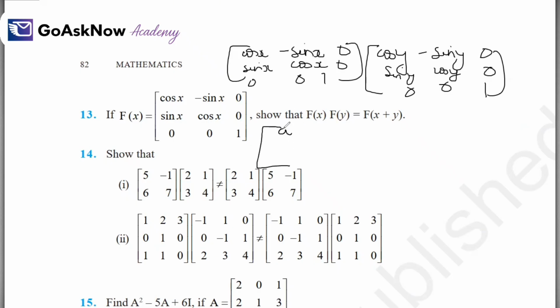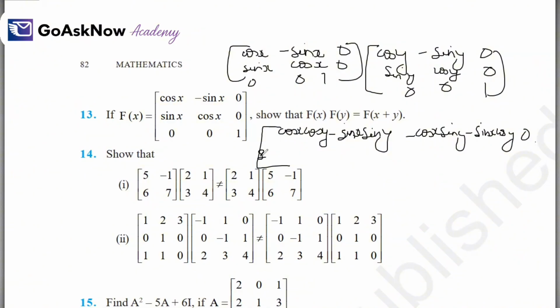So what will this be? Cos x cos y minus sin x sin y, and this one is minus cos x sin y minus sin x cos y, and this one is 0. Similarly, you can find the second row elements.